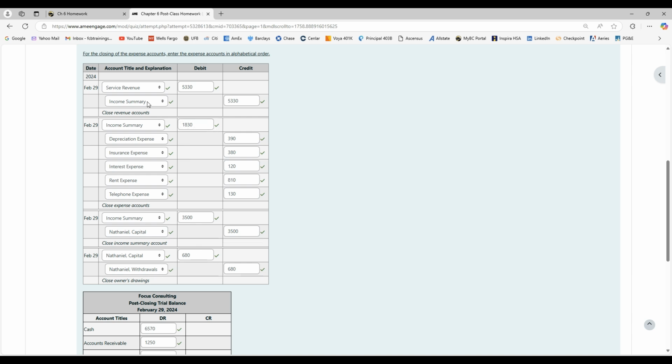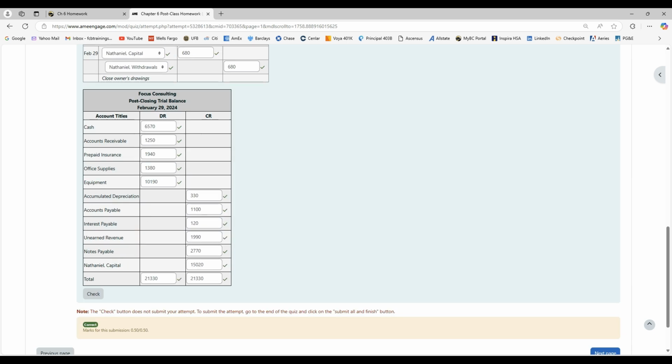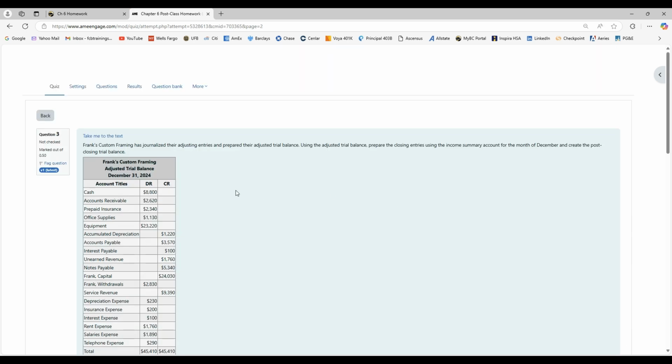One little trick for knowing how much to close from the income summary to capital is to look at the two income summary debits and credits above and see whether you need to book a debit or a credit to make those balance. Then the other side, whatever it ends up being, will be capital. Just a little hint, I suppose.